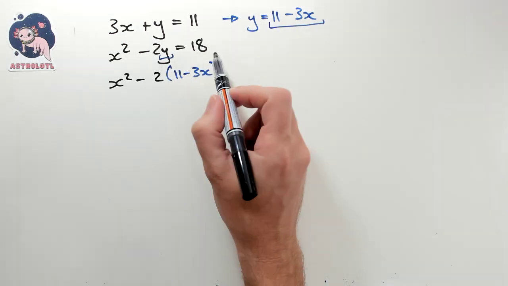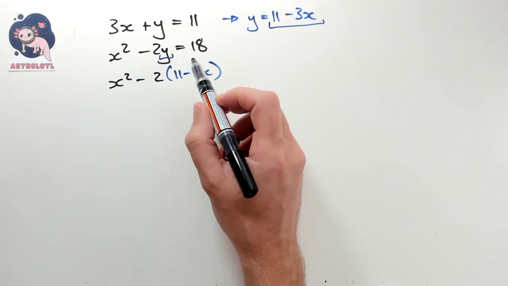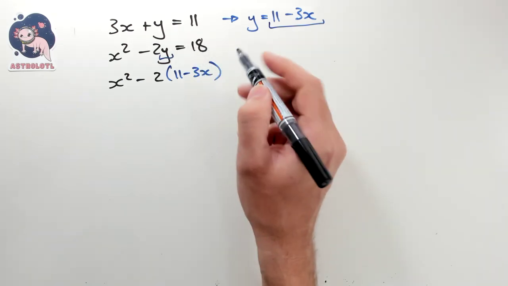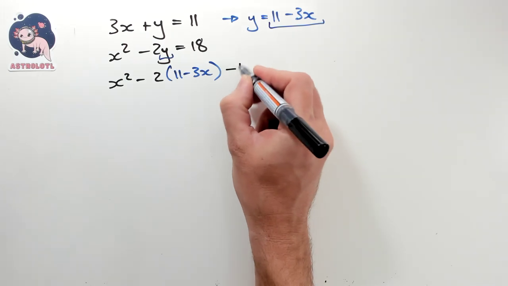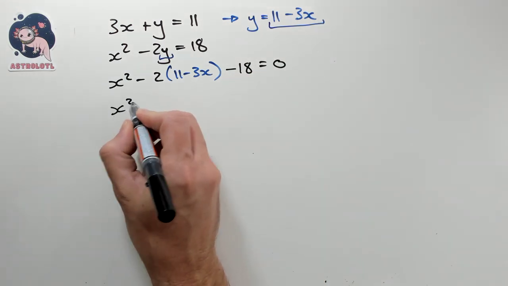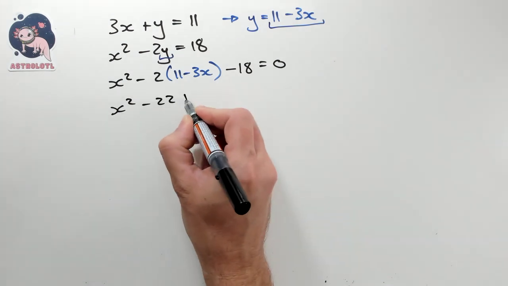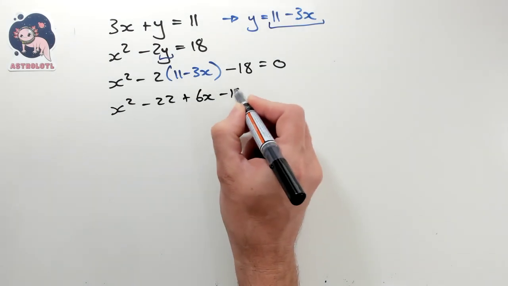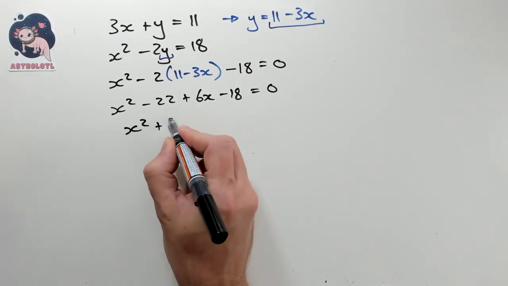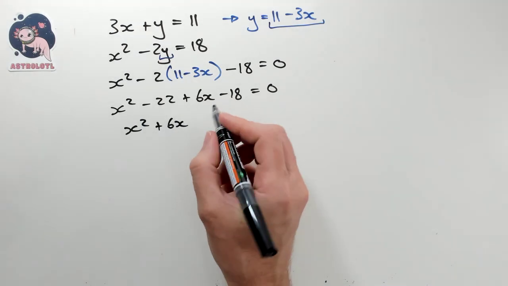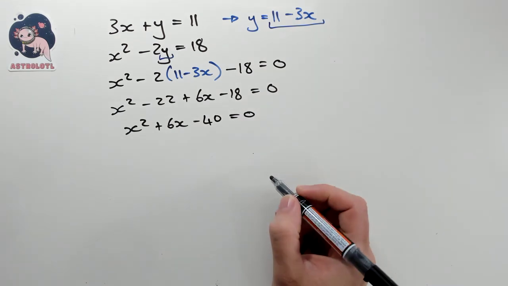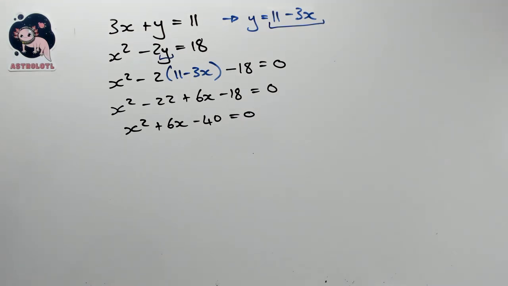I know this is going to be a quadratic equation, so I'll have to set it equal to 0. So I'm going to bring this 18 over and subtract it on both sides already from the start, just a bit quicker. x squared minus 22 plus 6x minus 18 is 0. And then x squared plus 6x, and then that would be negative 40 is 0. And let's hope we can factorize this.